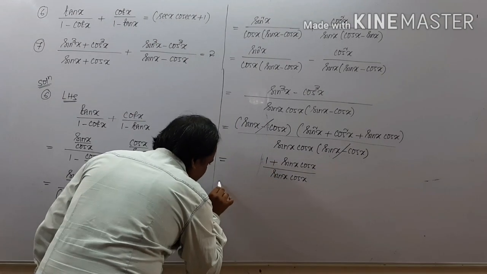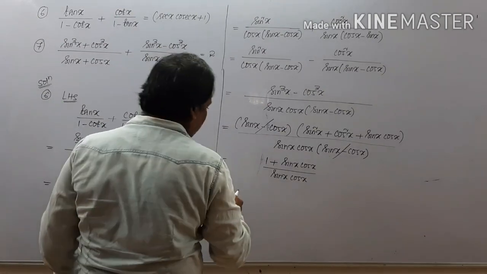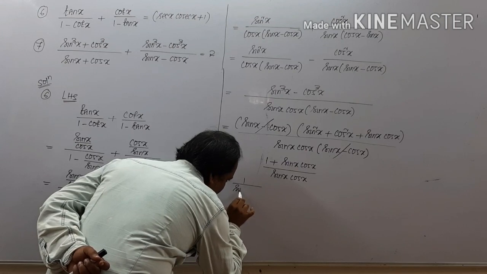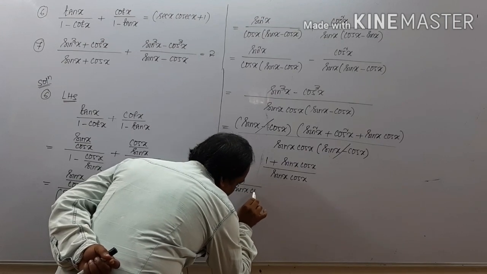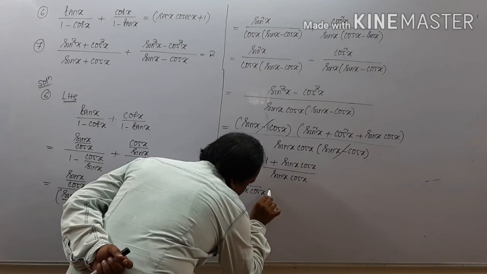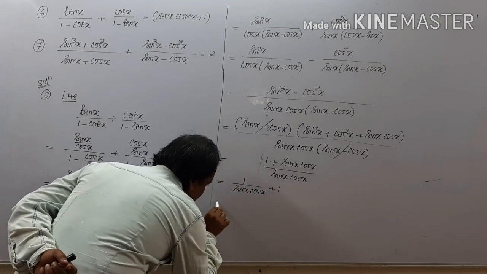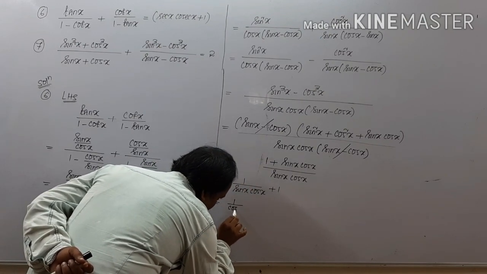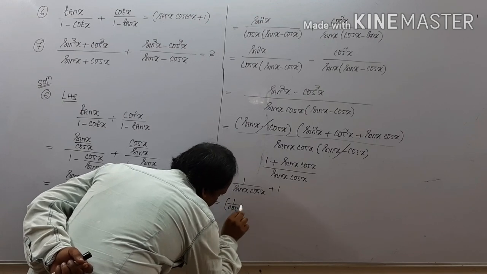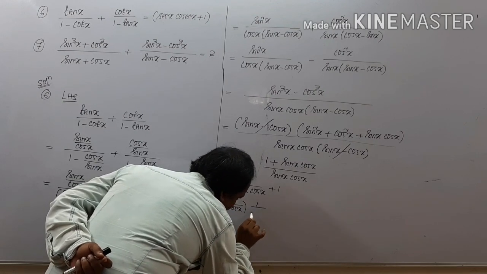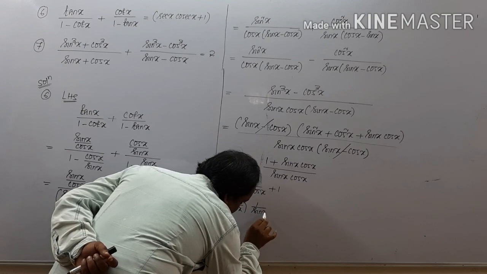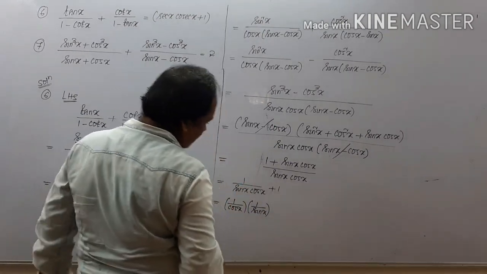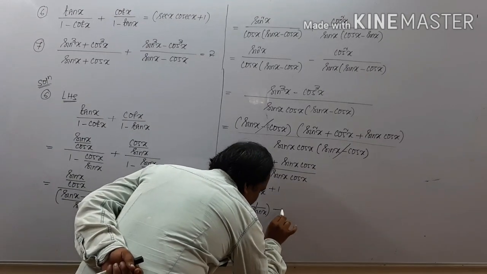Now we will write separately, that is 1 divided by sin x into cos x plus 1. So this can be written like this, 1 by, as per our requirement I will write 1 by sin x. Clearly if we multiply, this will become 1 divided by sin x into cos x plus 1.